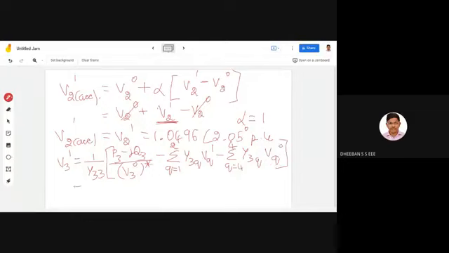Okay, and now we have to substitute the values. So it will be 1 by Y33 into P3 minus JQ3 by V3 naught star minus Y31 V1 dash minus Y32 V21 minus Y34 V4 naught.